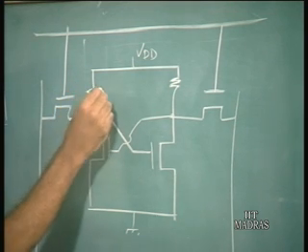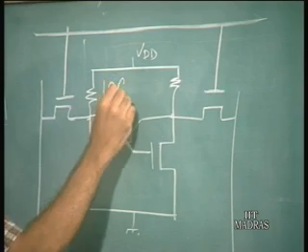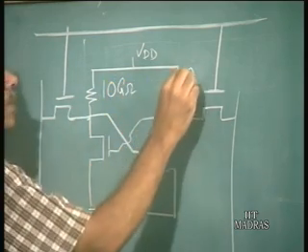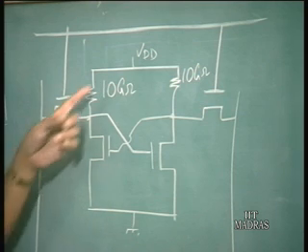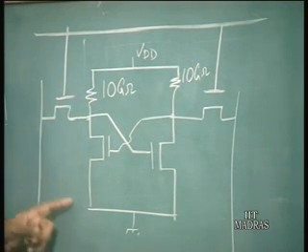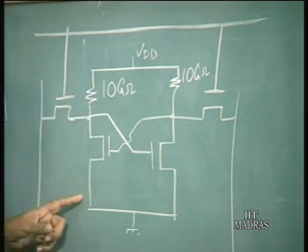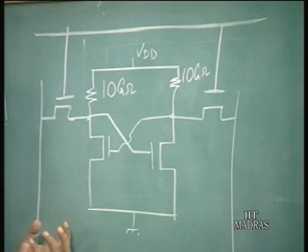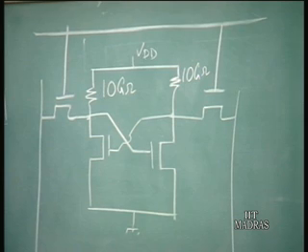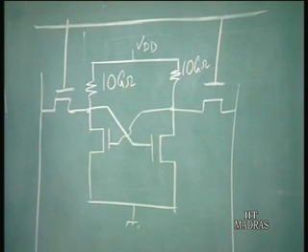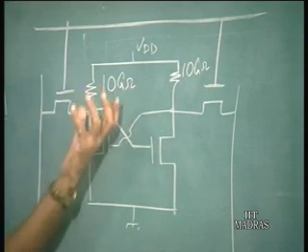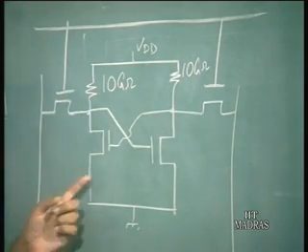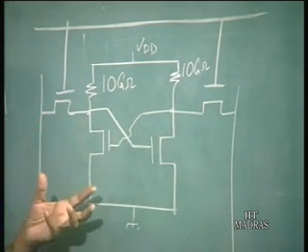In fact, these resistances are of values as large as 10 gigaohms. So, these are very large resistances, and the current which flows is going to be extremely small. If you have a 10 gigaohm resistance, the currents will be less than nanoamperes. So, even if you have an inverter like this, the power dissipation is not going to be high.